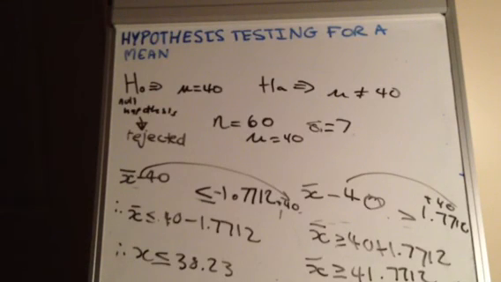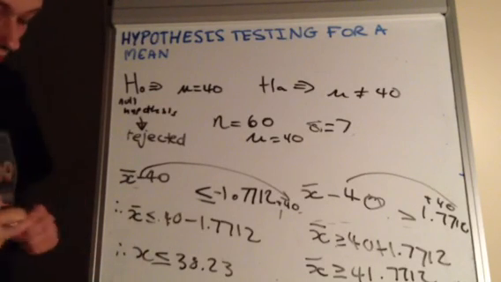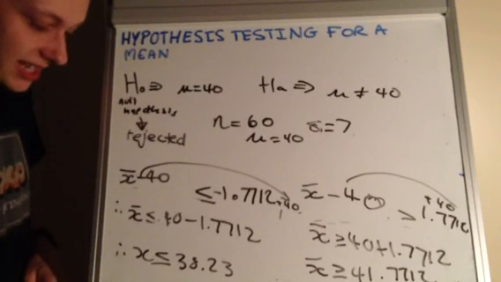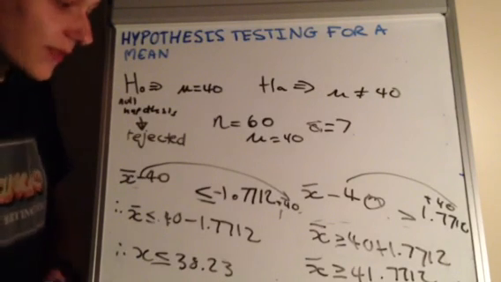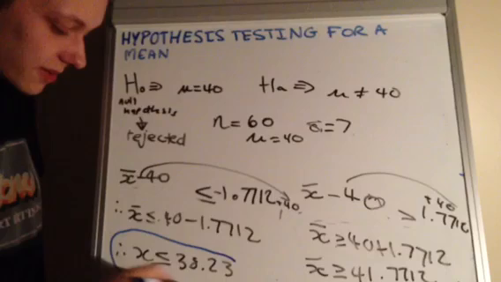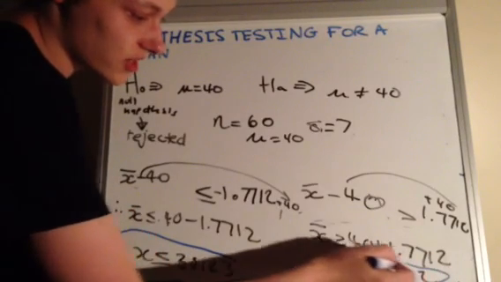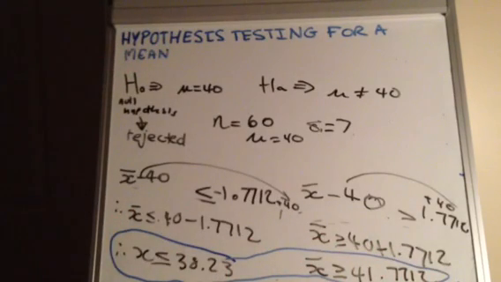And then from this we can say, okay, the null hypothesis will be rejected if it's outside these values. So as you can see, it's obviously got to be reasonably less than or reasonably greater than in order to get the values that will actually allow you to say, well, it's very unlikely for that population mean claim to be true. There is insufficient evidence to support it, or something along those lines.